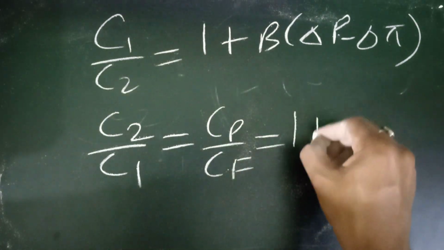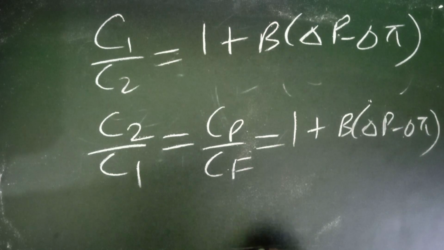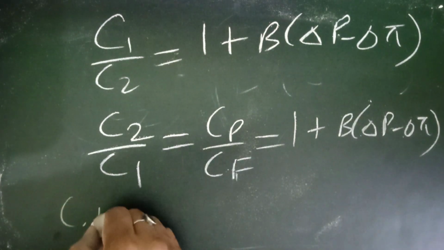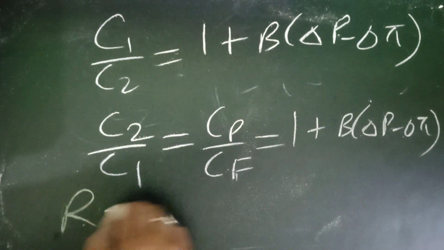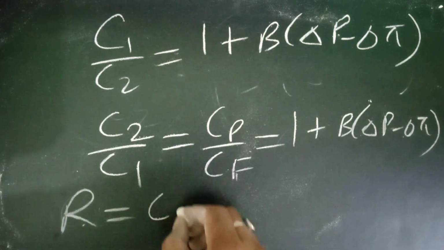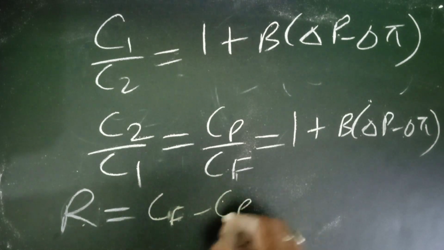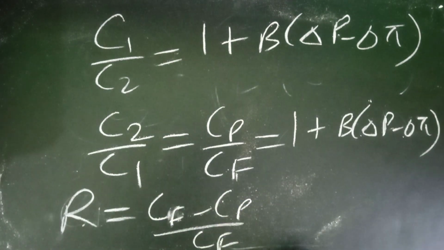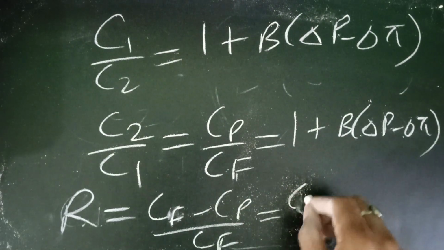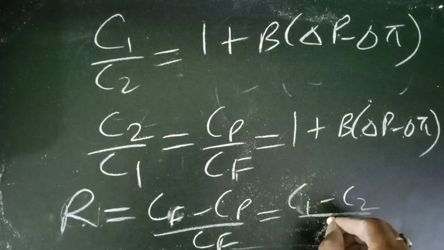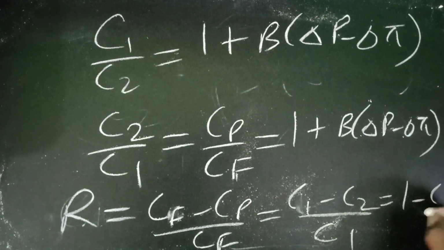This is nothing but 1 over 1 plus B into delta P minus delta pi. And if we want to find the rejection R, the solute rejection, that is Cf minus Cp upon Cf, we can find it by C1 minus C2 upon C1, or 1 minus C2 by C1.